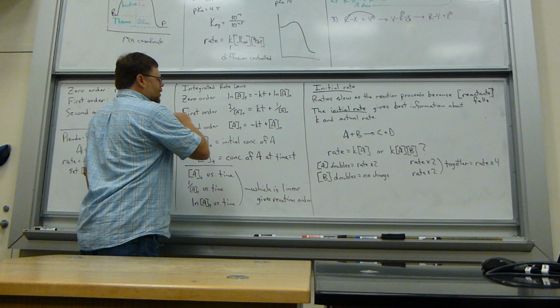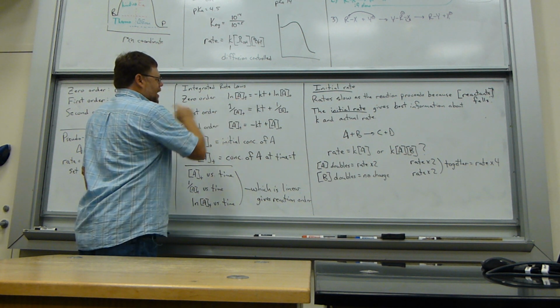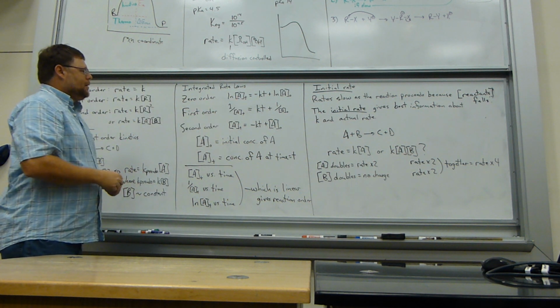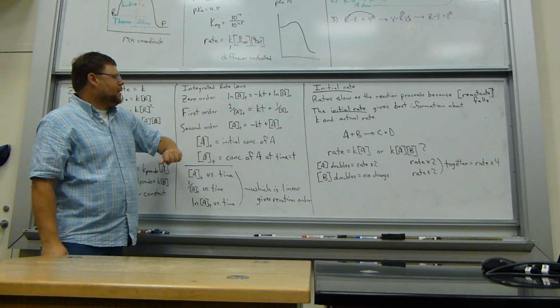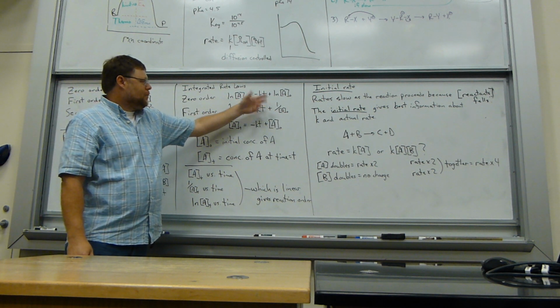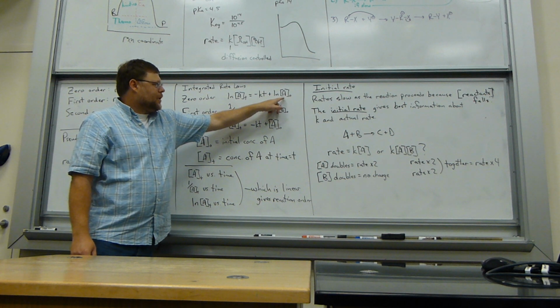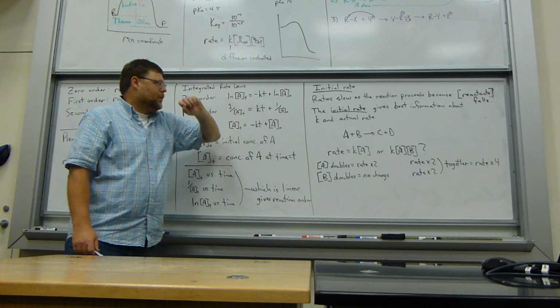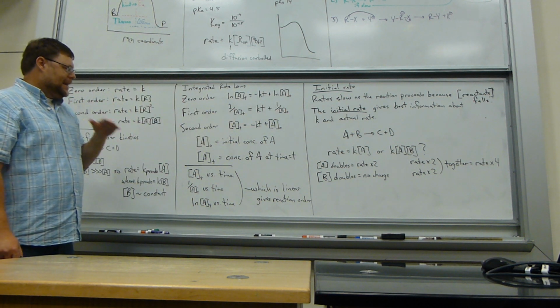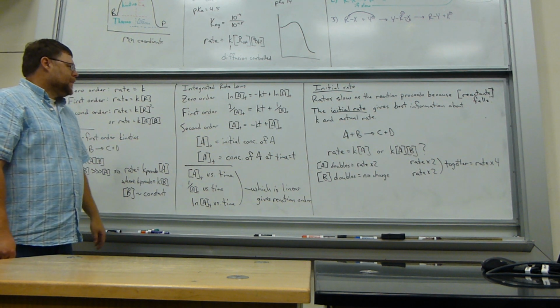When you integrate, you come up with the natural log of the concentration of A at time t equal to minus kt, whatever the time is, plus the natural log of A0. Concentration of A0 is the initial concentration of A.